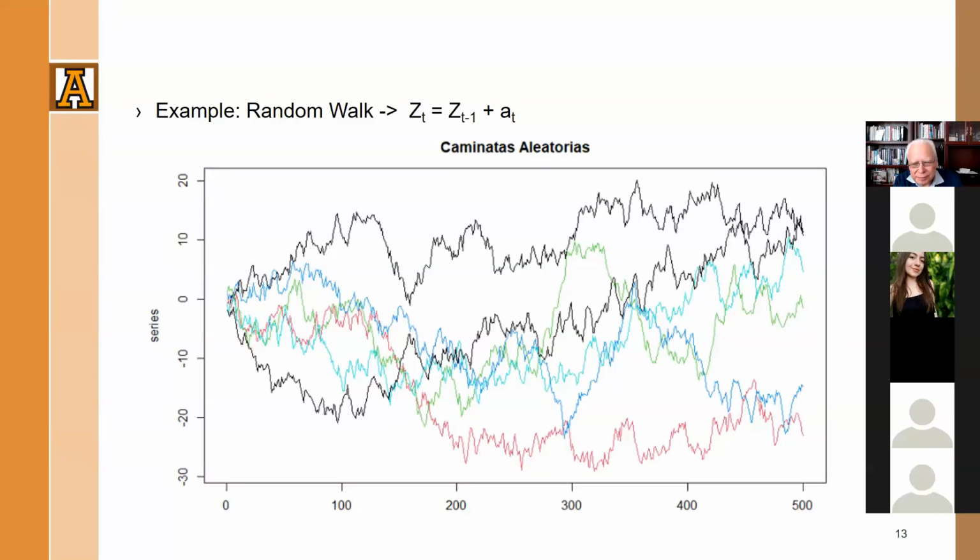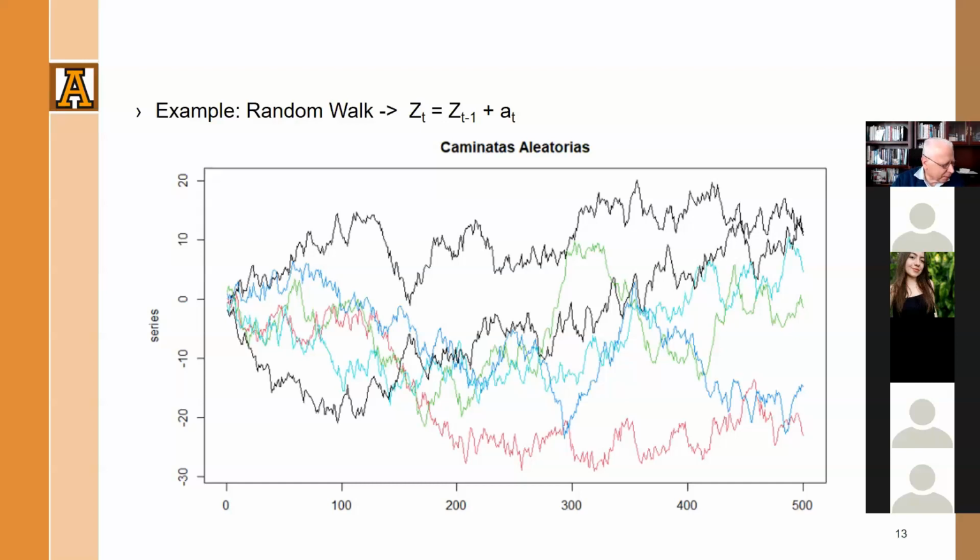The random walk is not stationary. The variance keeps increasing with time for a random walk. Remember that we saw that. But the first difference is stationary, right? Yes, the first difference is stationary.